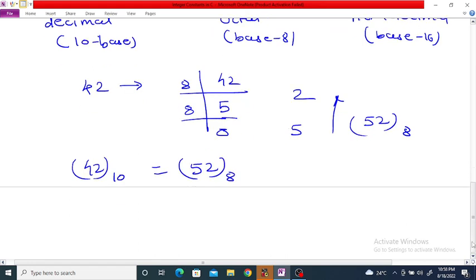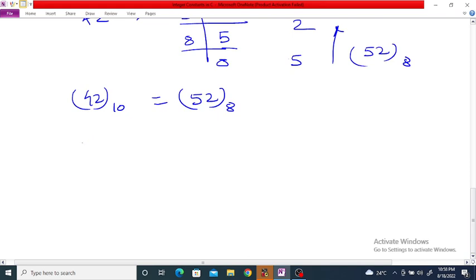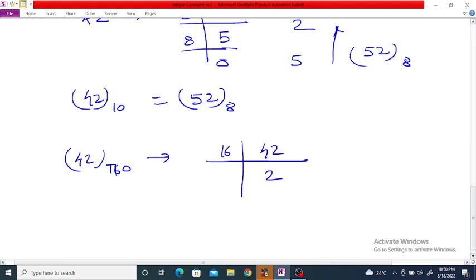Similarly, to convert 42 into hexadecimal, whose base is 16, we divide 42 by 16. The quotient is 2 and the remainder is 10. But in hexadecimal this 10 is denoted by A. Again, if we divide 2 by 16, the quotient is 0 and the remainder is 2.